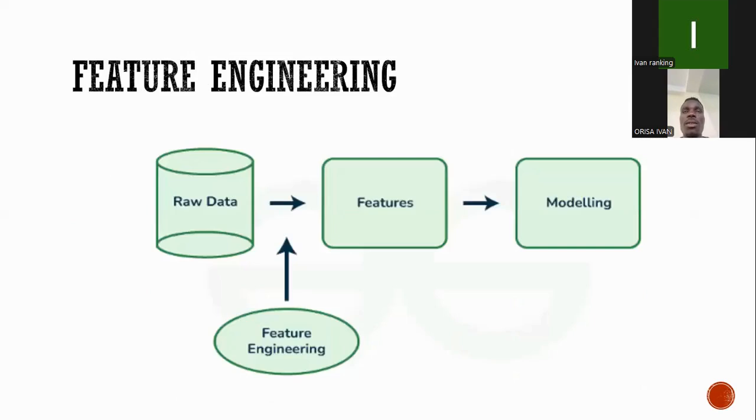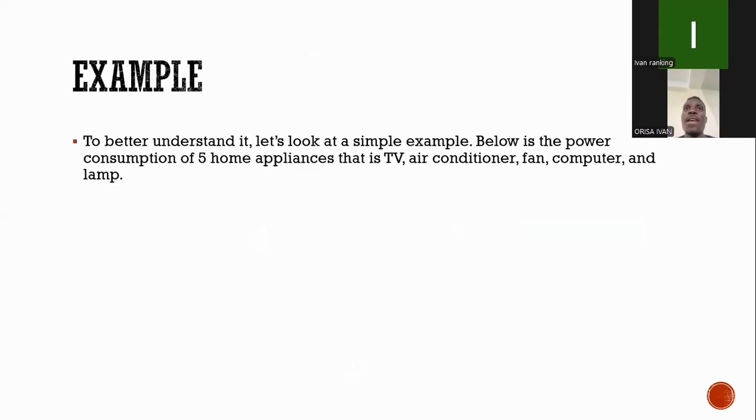This is an illustration demonstrating how feature engineering comes about. We get the raw data, we convert the raw data into features, and then these features are used to train a model. That makes it easier for the model to understand these features than the raw data that is disorganized.